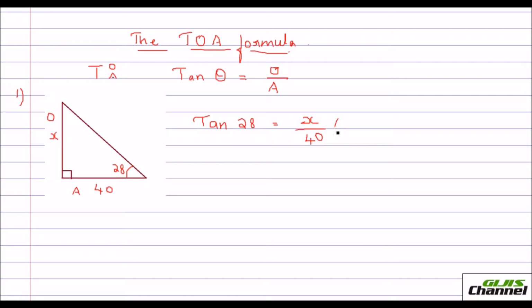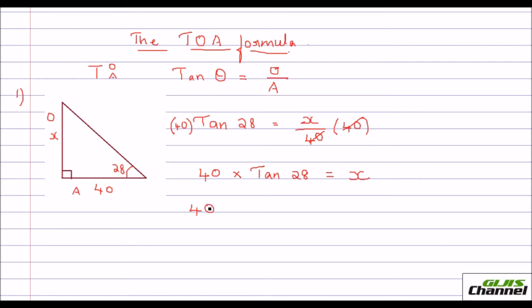Now to get rid of the denominator 40, you need to multiply both sides by 40. The 40 and 40 get cancelled and you get 40 times tan 28 is equal to x.